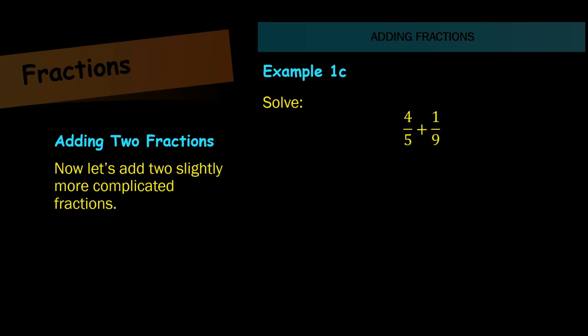Now let's add two different fractions. Again, convert the fractions so the denominators are the same. The denominators are 5 and 9, and the lowest common multiple, or LCM, of 5 and 9 is 45.